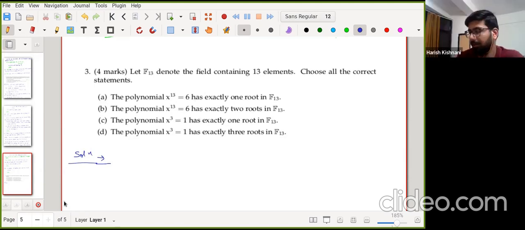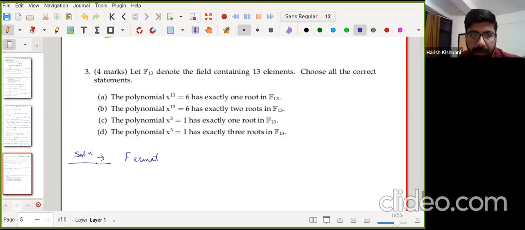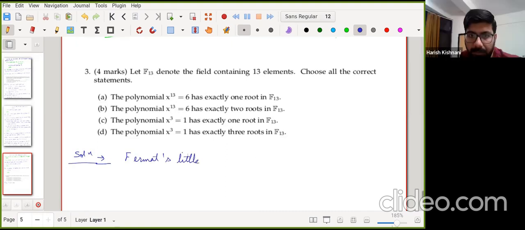Yes, cyclotomic polynomial. So you might be aware of this Fermat's little theorem. And the proof of this theorem is also very easy.